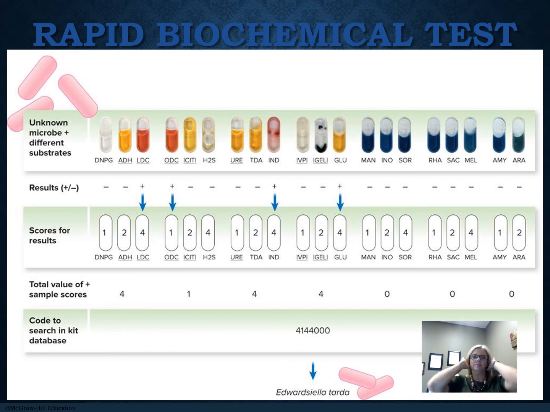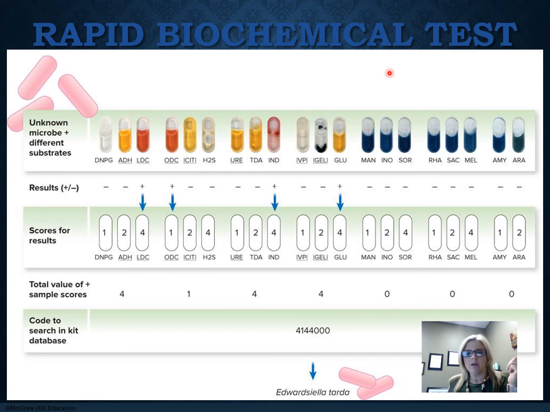All right, so here is a rapid biochemical test. You can see this is kind of a microarray type test where you have a well plate with a bunch of small little wells in it. And then you're going to have these different tests here. So before inoculation at the top, each small tube in the strip here, it's going to be very small, contains a substrate like a carbohydrate or another substrate for an enzyme that the unknown microbe may have, and that's what, like ARA, may be arabinose.